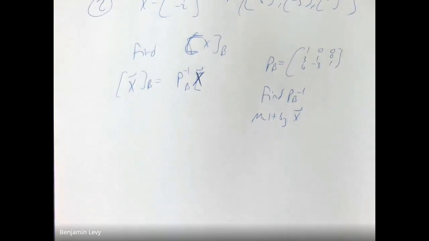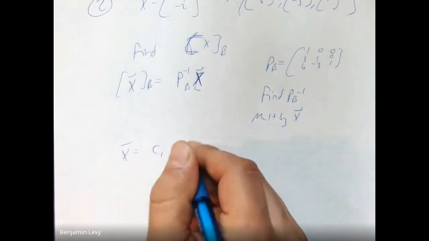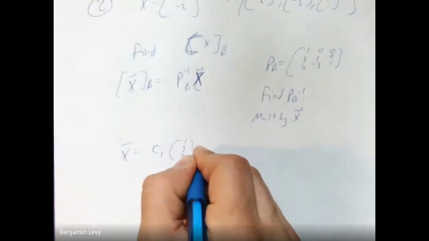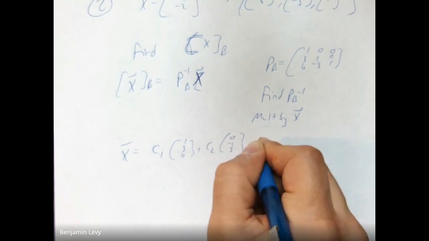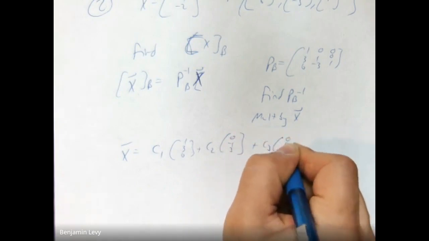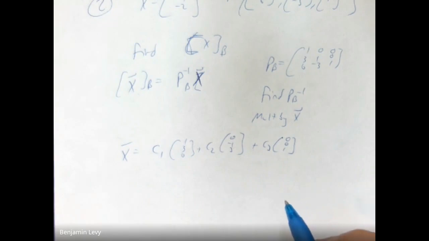Yeah, sure. So this, you can do X equals C1 times this, C2 times this, C3 times this. And so, yes, that would be putting X in an augmented matrix and solving this equation.